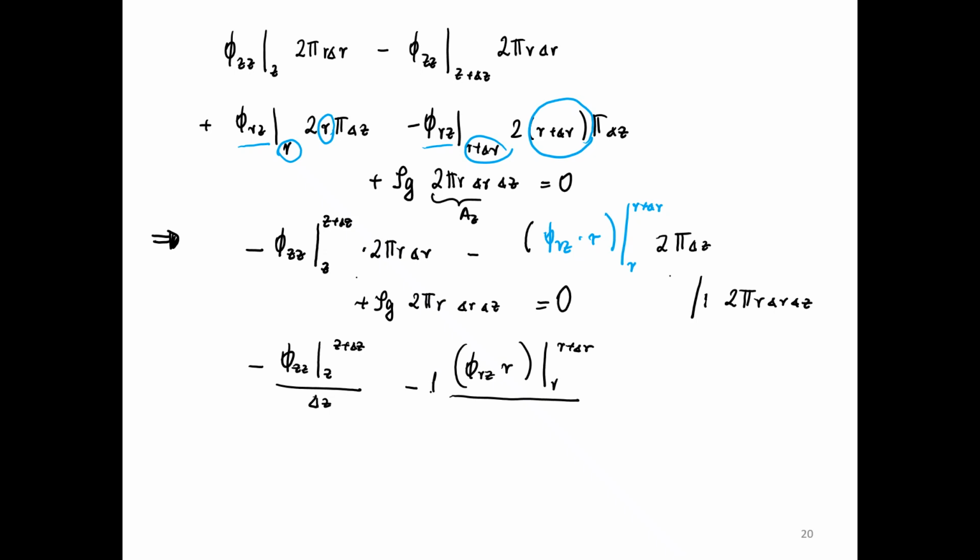I'm going to write that as 1 over R and delta R, and plus rho g is equal to 0. And give me 1 minute to take the limit. So now I'm going to shrink my shell. What I'm shrinking is delta R and delta Z.